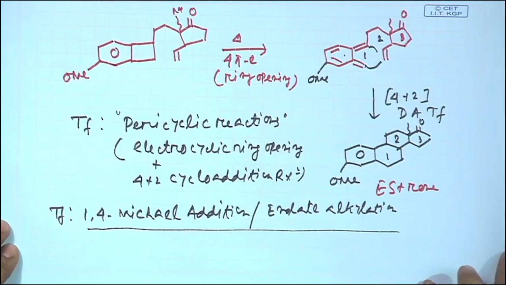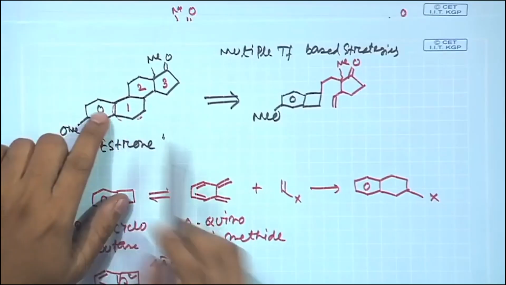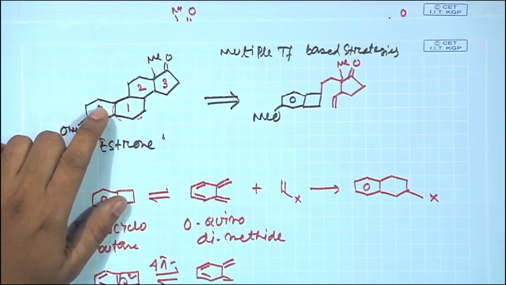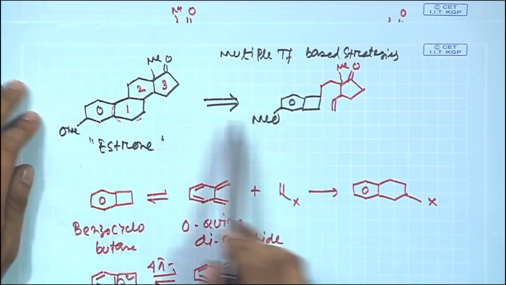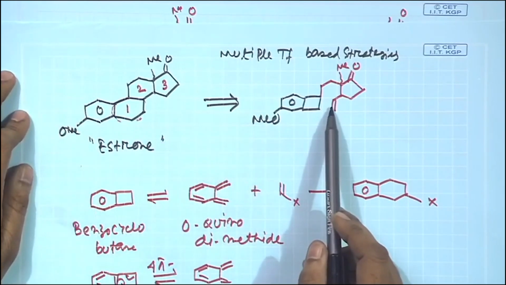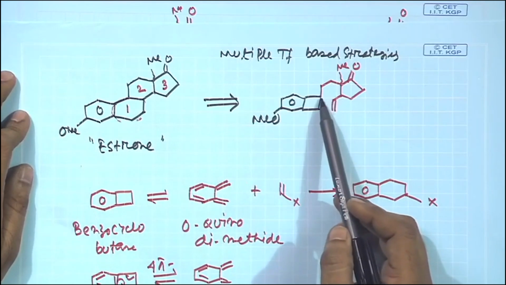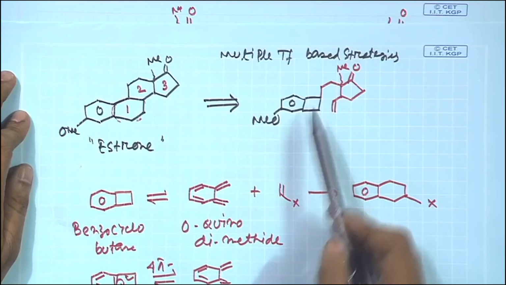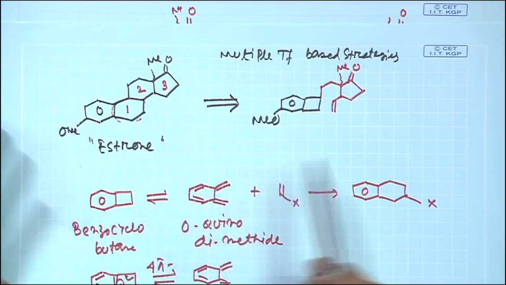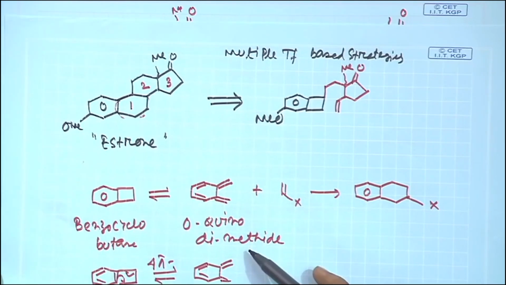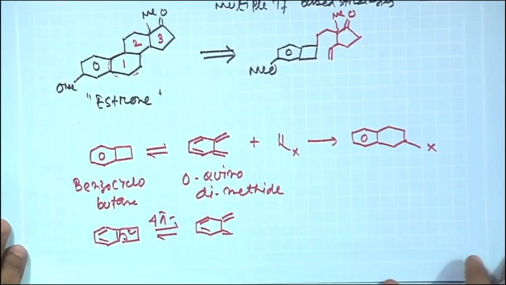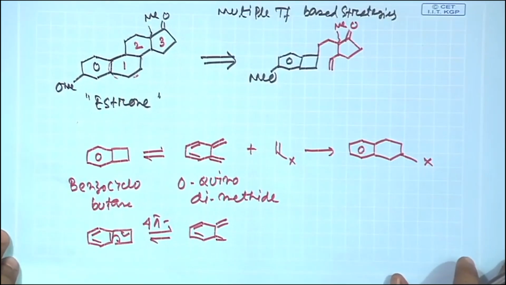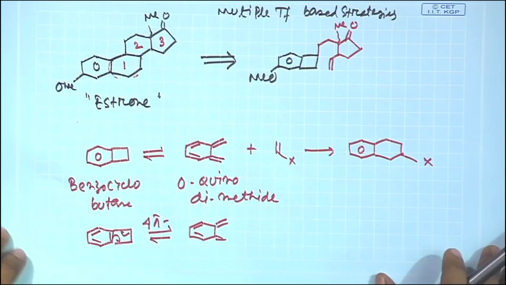Now, if you see the target molecule, which was the estrone, the real target molecule, again go back to the retro. As I said, this retro is basically a very simplified retro. We designed a 4 plus 2 cycloaddition reaction, but if you know that benzocyclobutane, this kind of compound, opens up to give the orthoquinodimethyl, then your job is quite easier. Unless you know this transformation, you will probably have a tough time formulating the entire pathway.